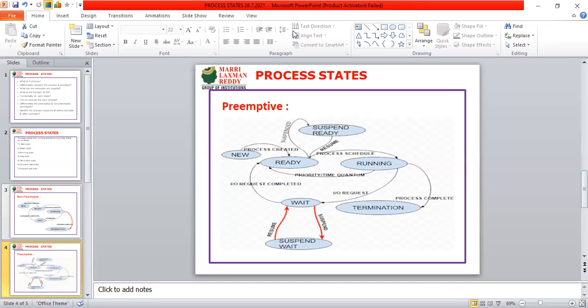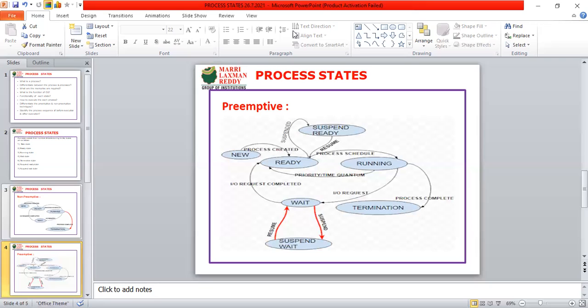Here it is the same. If the wait state's main memory is full, with no space in main memory, the process will wait in the suspended wait state. Whenever the wait state is free, that process is assigned to the wait state.